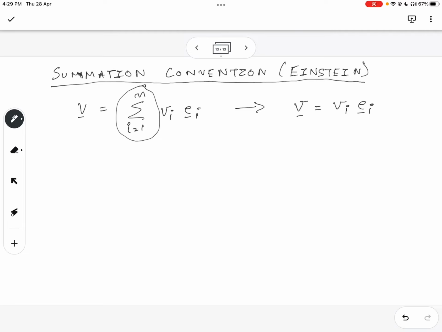So when we write this statement, we mean that v is written as the sum for i from 1 to n of vi ei. That is, without writing the summation symbol, we assume that i goes from 1 to n.